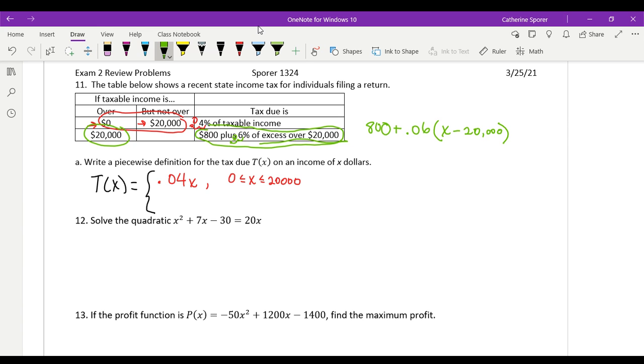But this isn't quite the function we want to write into our T of X function. We want a function to write here for the incomes that are above 20,000. But first, let's simplify this function here. We would do that by distributing 0.06, so 0.06x, and then we need to multiply 0.06 times 20,000.